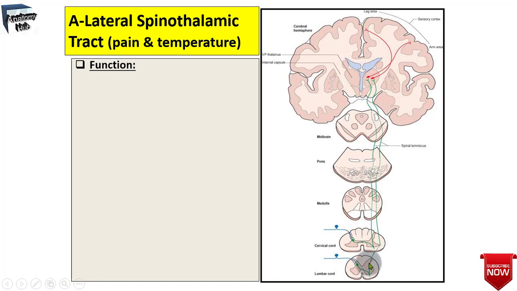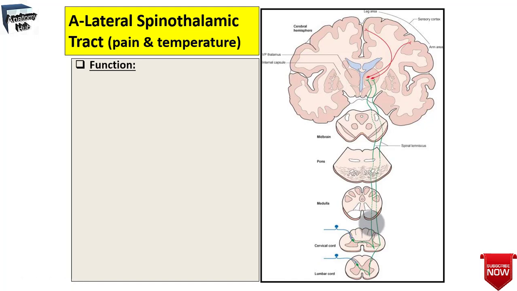And the somatotopic organization of these fibers is maintained throughout their extent, and the fibers that receive information from the sacral region are commonly more laterally placed, while those from the upper limb and the cervical region are present medially. Similarly, the pain fibers lie anterior to the temperature carrying fibers.